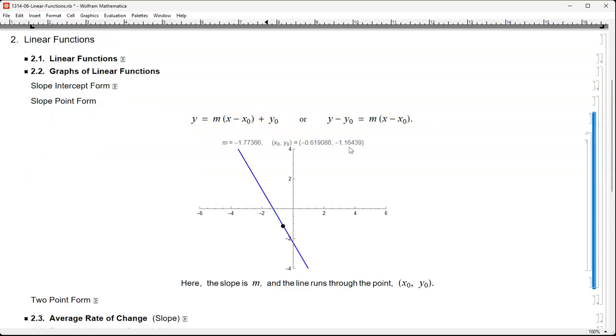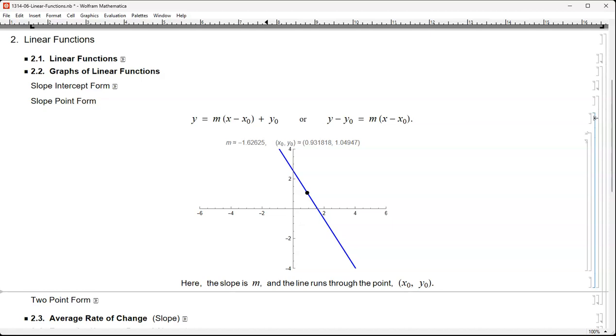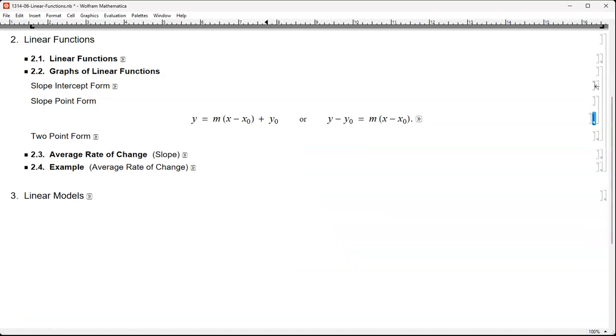In any case, here we go. Running through this (x0, y0), which is (-0.62, -1.164 something), this is a point, and slope is negative 1.77 something. So we can express any point and a slope, and we have a line.